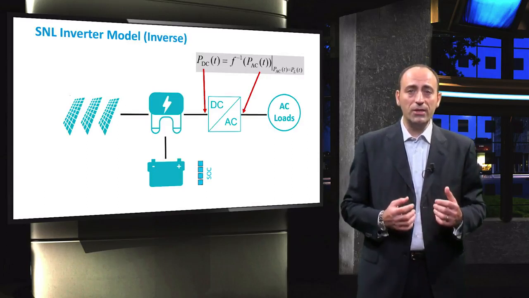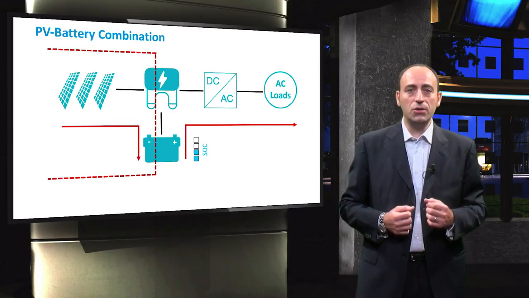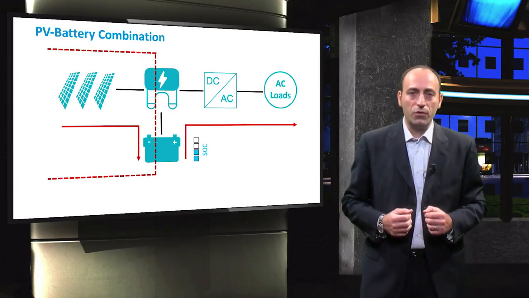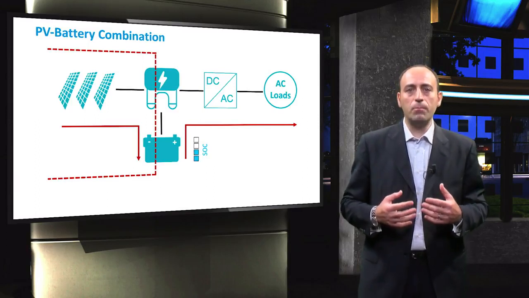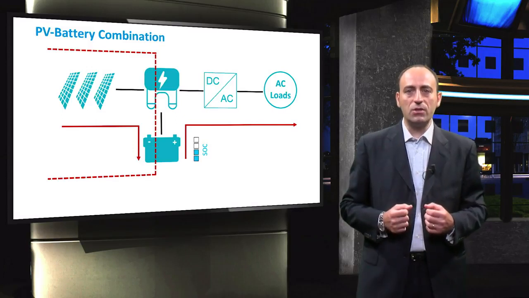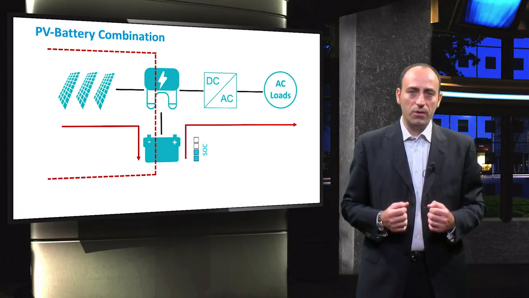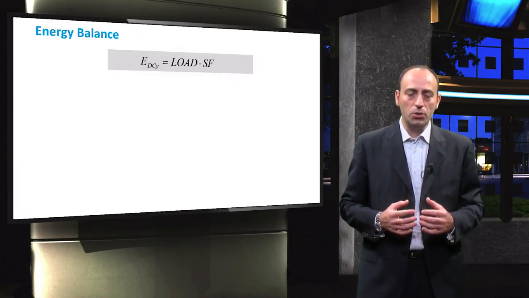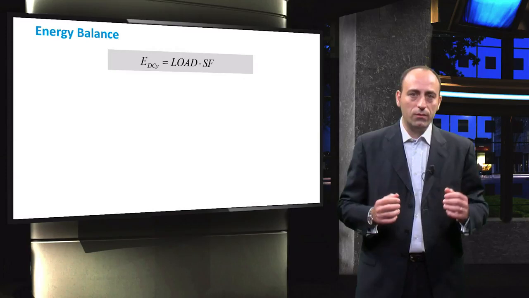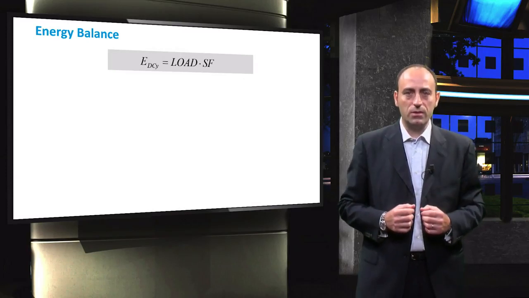After sizing a battery bank and the inverter, it is the turn of the PV array. For that, we are going to focus on the PV battery bank combination side of the PV system. In order to size the PV array, the energy balance approach is followed, similarly to the design of the grid-connected PV system.